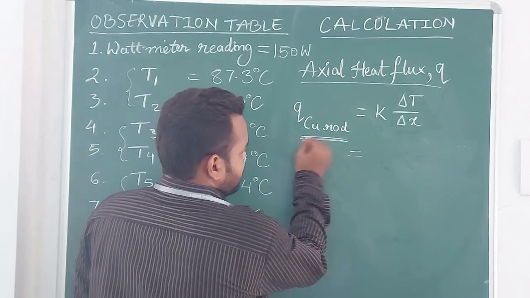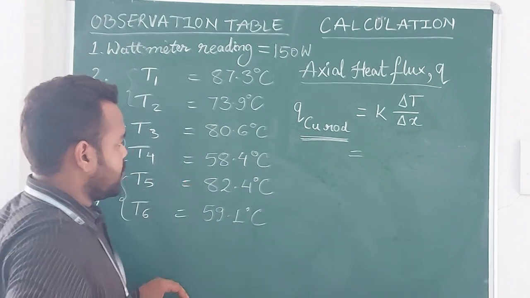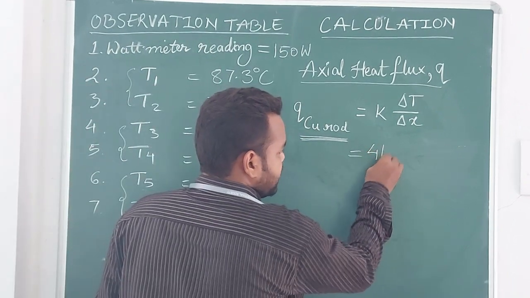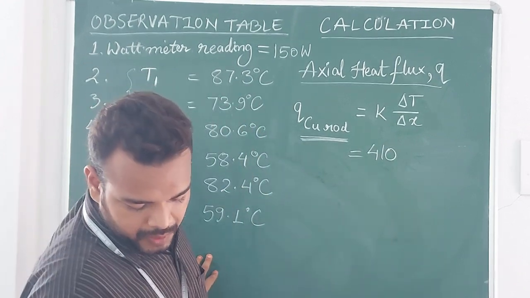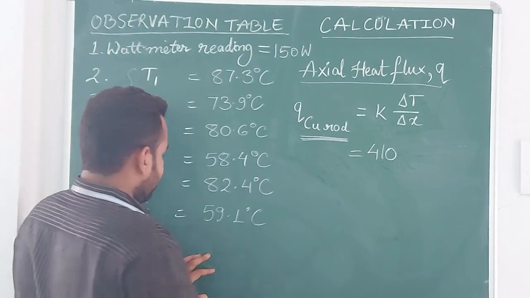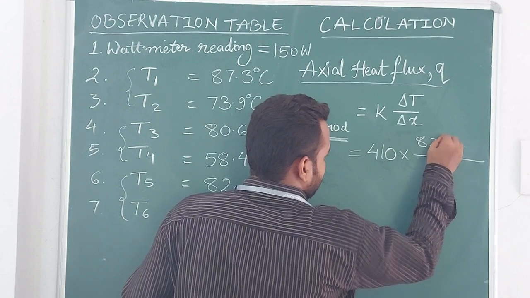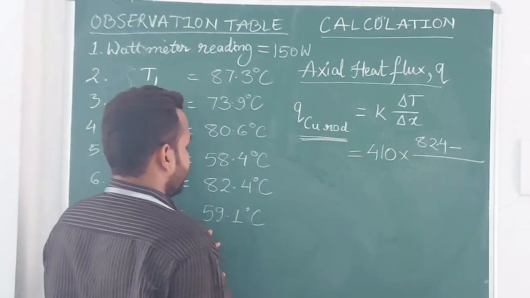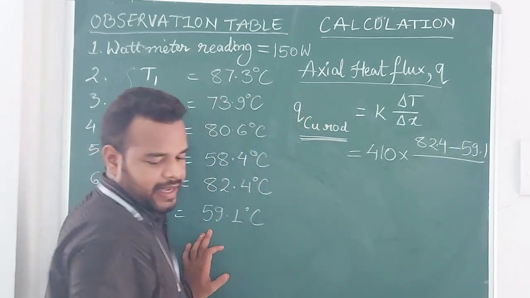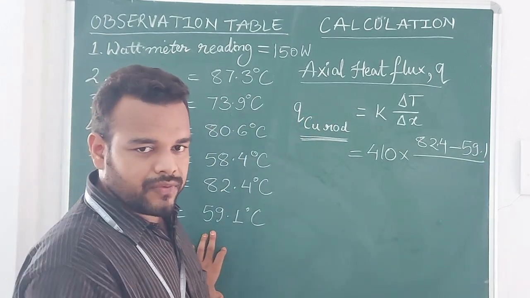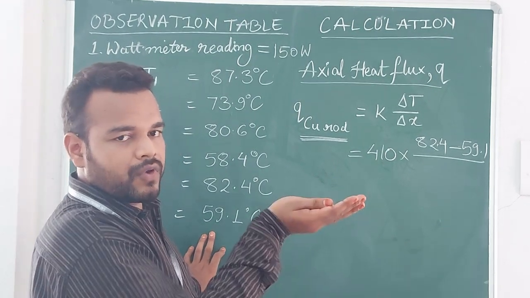First of all, let us see for the copper rod. For the copper rod we had this reading, okay. The value of K is 410. Next, 82.4 minus 59.1, divided by delta X. As I told you, from below we need to take 150 and we have to go up to 350.